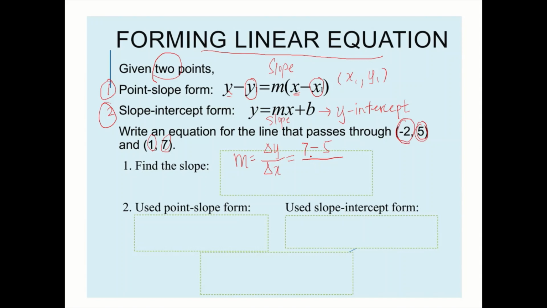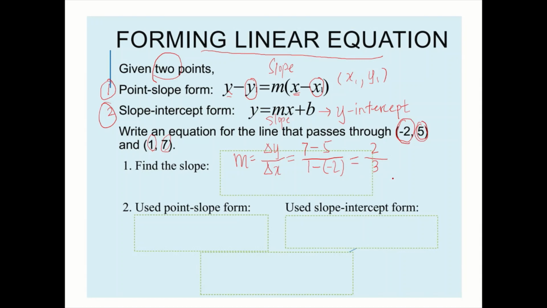Please bear in mind that we have to follow the same sequence. If you take -2 minus 1 for the x here, you will get a wrong answer. So 7 minus 5, then 1 minus -2. The difference of y is 2, and the difference of x is 3.